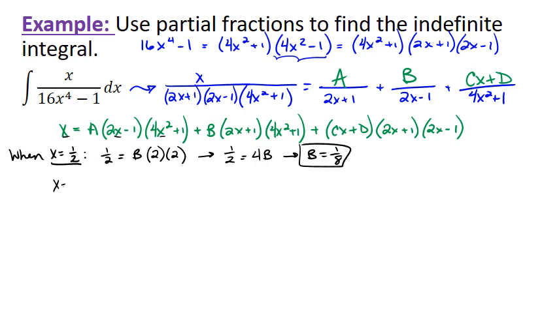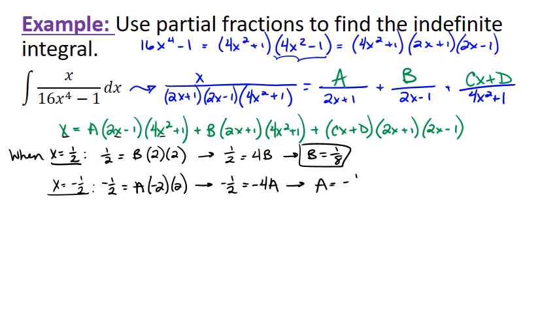I'm going to do the same type of thing when x is equal to -1/2. So plugging that in, I have -1/2 is equal to, well, when I plug in -1/2, all the b term cancels out and all of this term cancels out, leaving me with a times -2 times 2, which is -1/2 is equal to -4a.